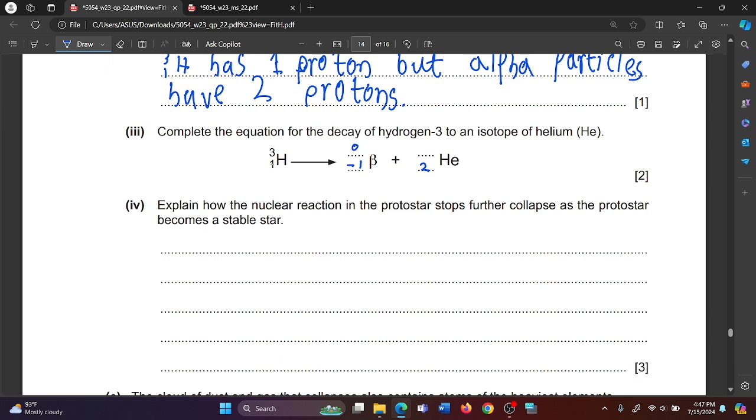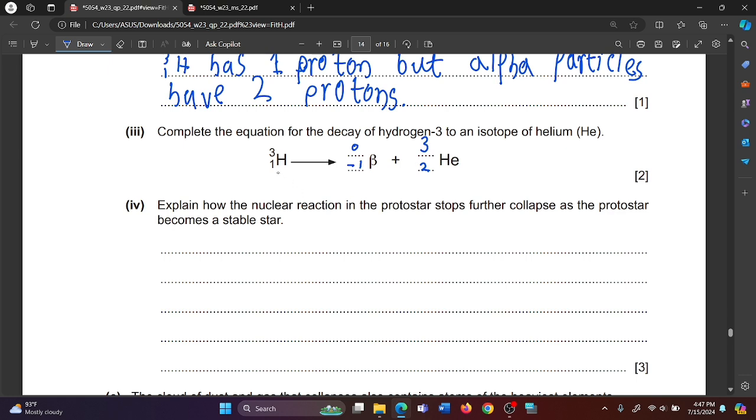So if the initial nucleus had 1 proton, the final nucleus would have 2 protons, and the mass number remains the same. We add whatever is on top. On the left hand side of the arrow, there is 3 mass number on the top. Also on the right hand side of the arrow, there is 0 plus 3, which is 3 mass.